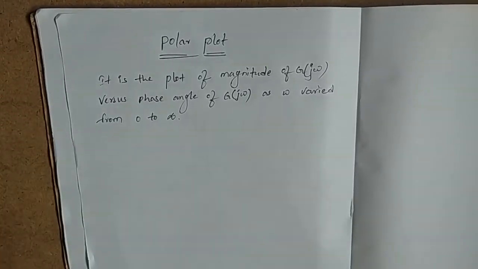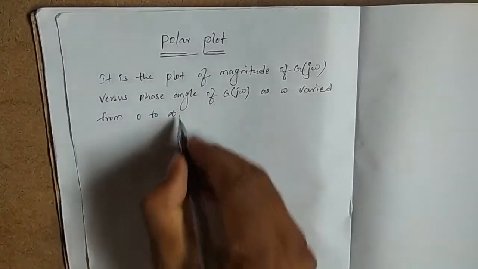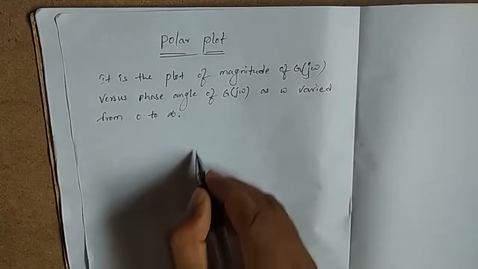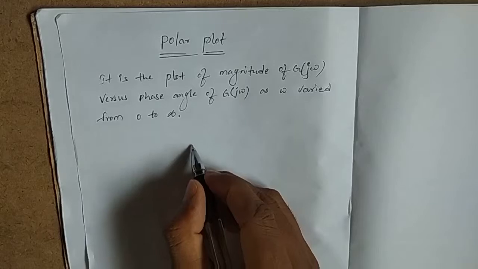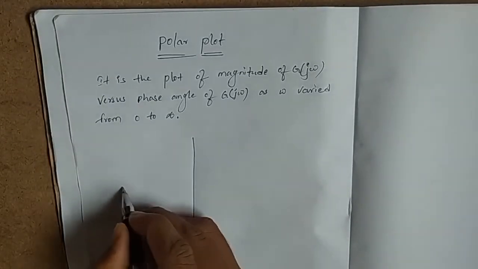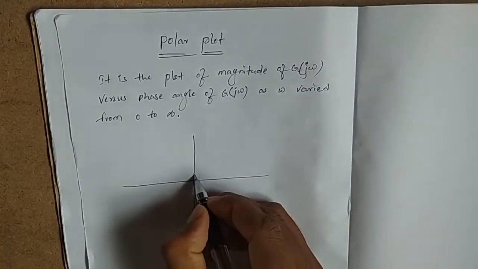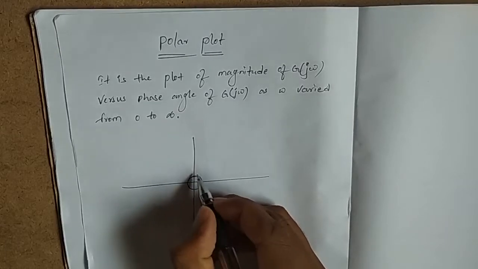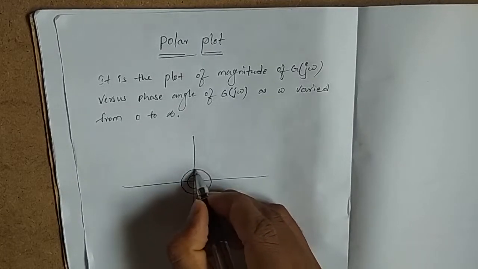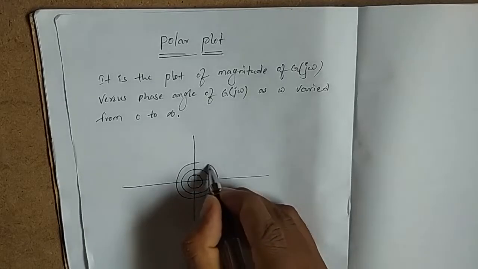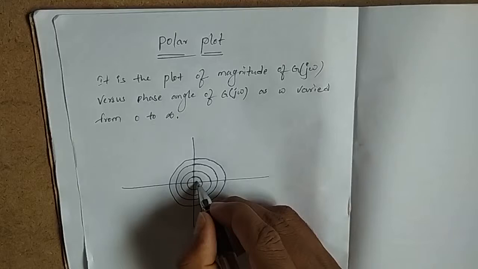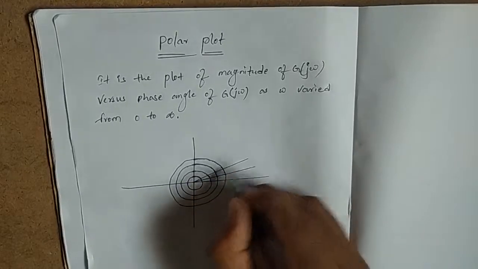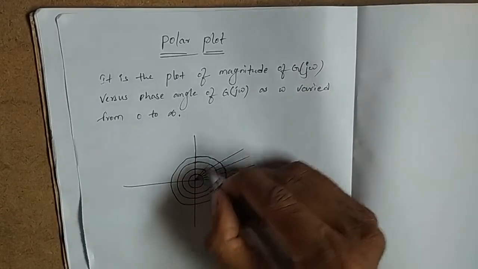The polar plot is plotted on a polar graph sheet. The polar graph sheet has radial lines and concentric circles. It is like this polar graph sheet. It has concentric circles around the origin and radial lines.